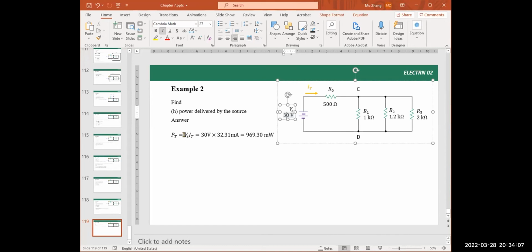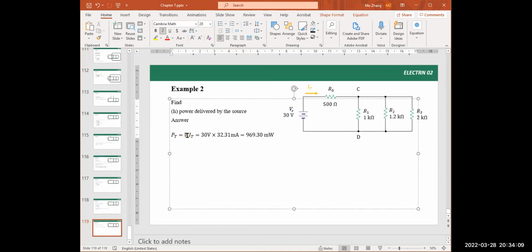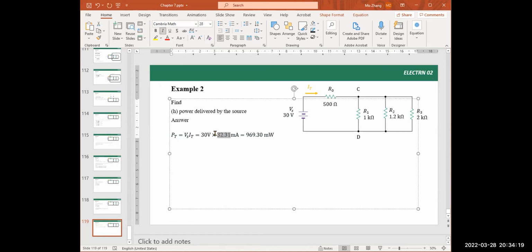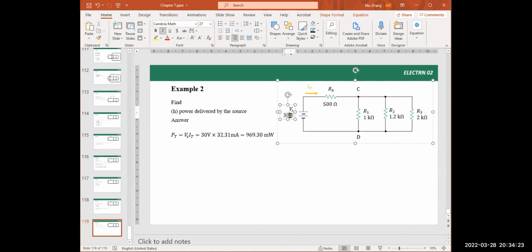So power equal to source voltage times the main branch current. Source voltage is 30 volt over here, the source. The current is 32.31 milliamps. This voltage times the current flows out from it. And then if you punch numbers into the calculator, we get 969.30 milliwatts.